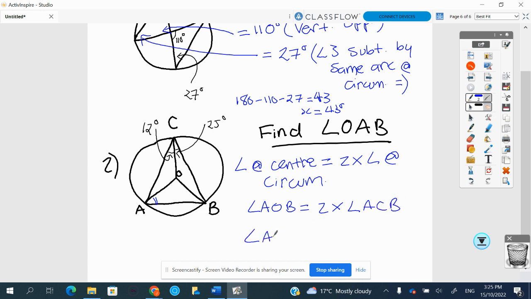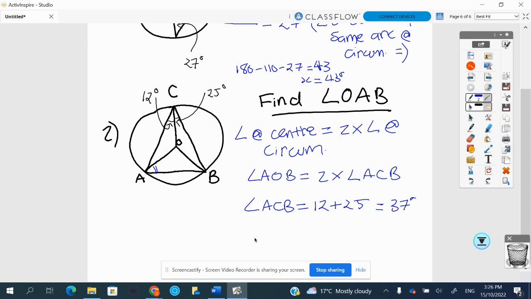And angle ACB is going to be 12 plus 25. That'll be 37 degrees. So angle AOB will equal 2 times 37, which is going to be 74 degrees.